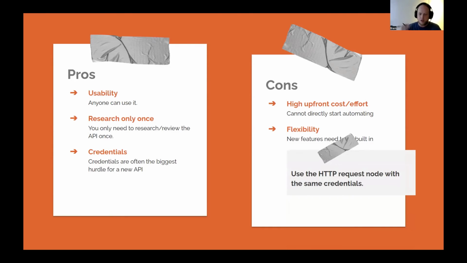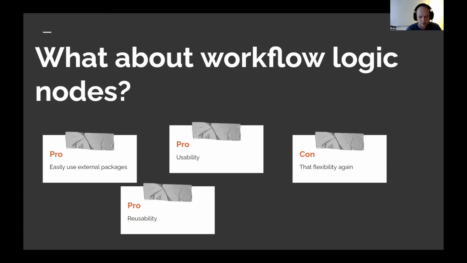And then you just have to do that one thing with the HTTP request node. And of course, if it's something that you need to do once and it's not too big of a deal, you can choose not to have it put into the node itself. That's of course a choice you can make.